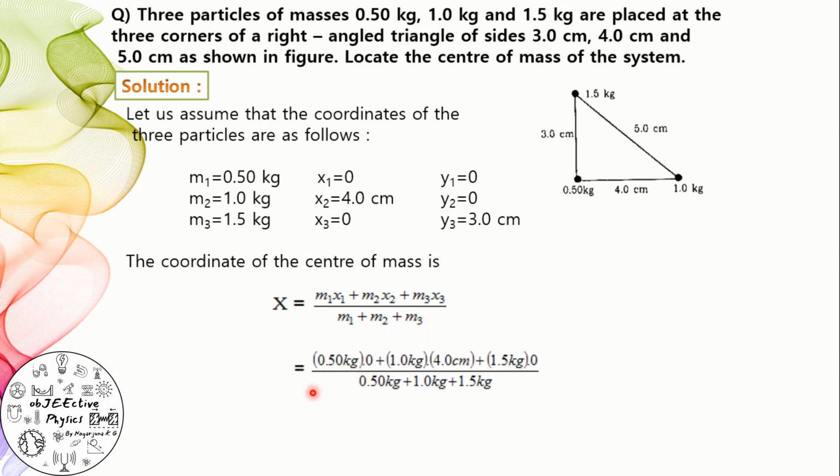By substituting the values, we get X is equal to 0.5 kg into 0 plus 1 kg into 4 centimeter plus 1.5 kg into 0 divided by 0.5 kg plus 1 kg plus 1.5 kg, that is equal to 4 kg centimeter divided by 3 kg. Kg cancel, 4 by 3 centimeter is equal to 1.3 centimeter.